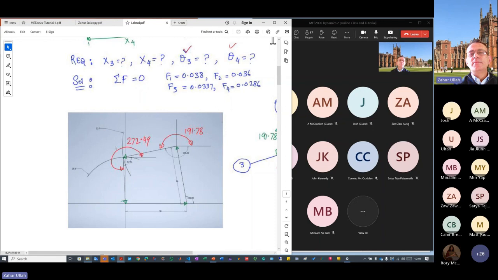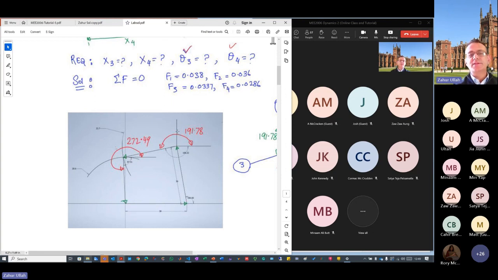Then using this as a center, you can draw another arc, which is this one here, and this is 28.6. Both these arcs will intersect each other at this point.